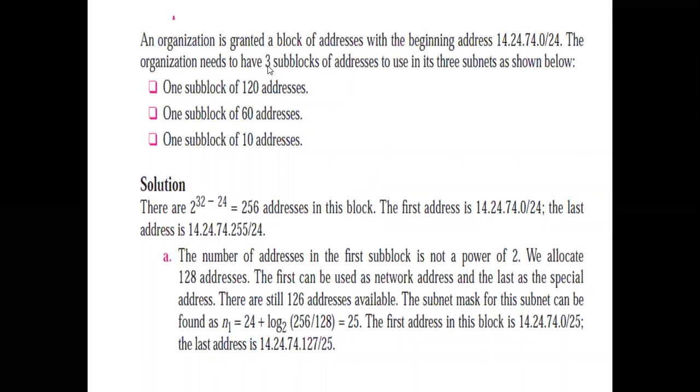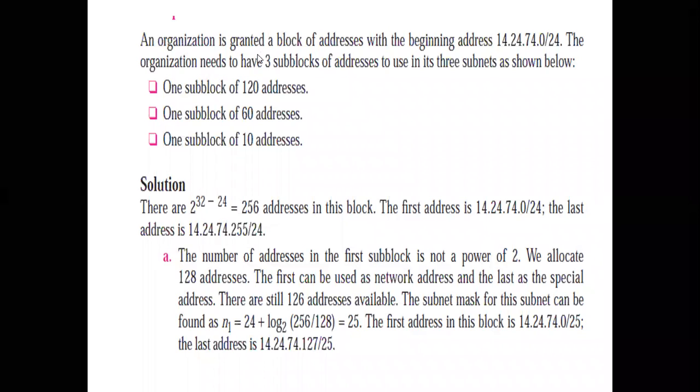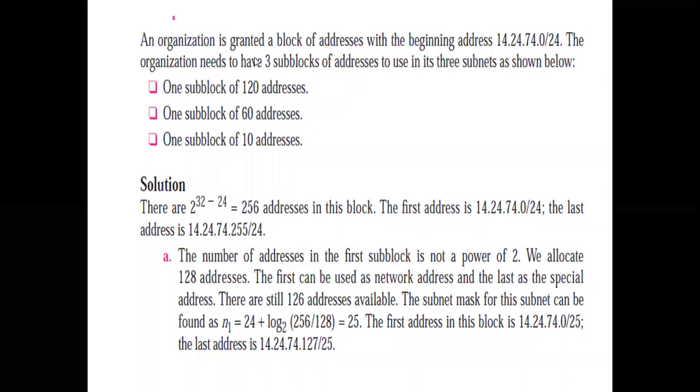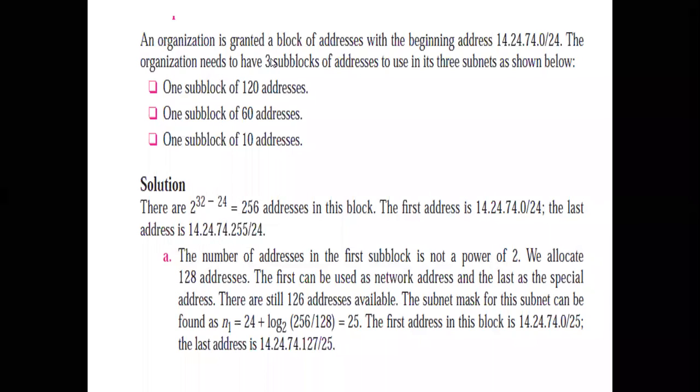Legally, you should have the number of subnets as a power of 2. Therefore, S should be 4. Here you are having 3, but instead of 3 it should be 4, because you need to divide this main block into 4 sub-blocks.